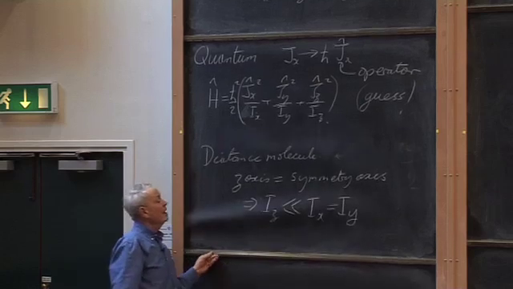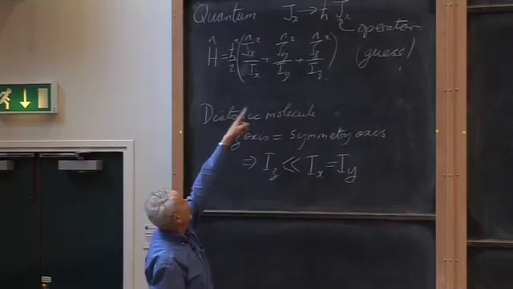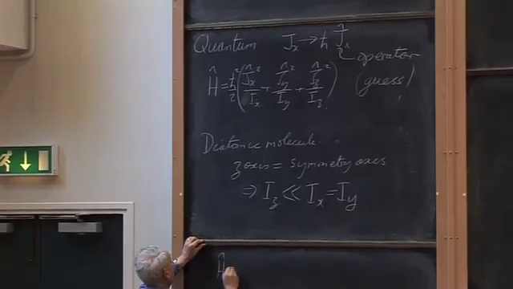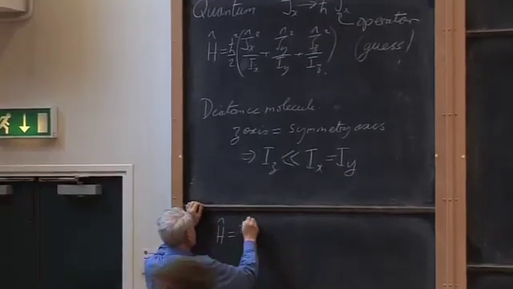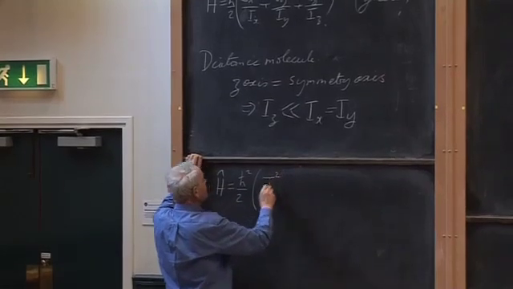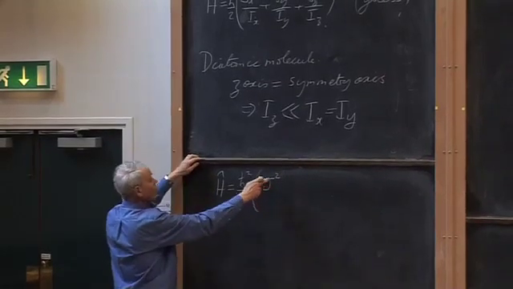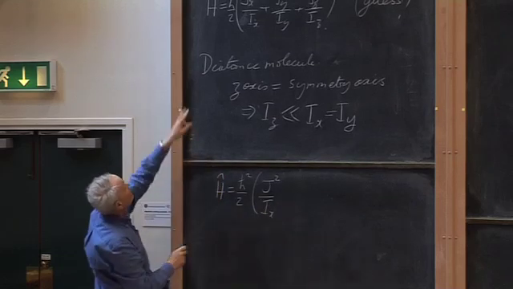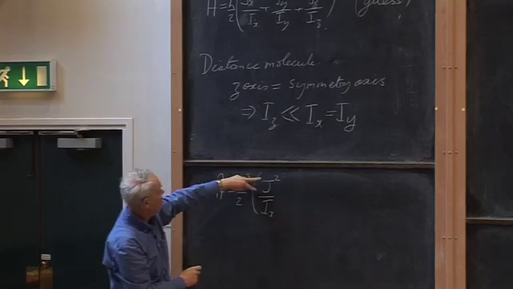So given that Ix is equal to Iy, it's natural to rewrite this Hamiltonian as H equals h bar squared over 2 times brackets J squared, which is Jx squared plus Jy squared plus Jz squared, divided by Ix, which is equal to Iy. So those first two I've combined together into here.